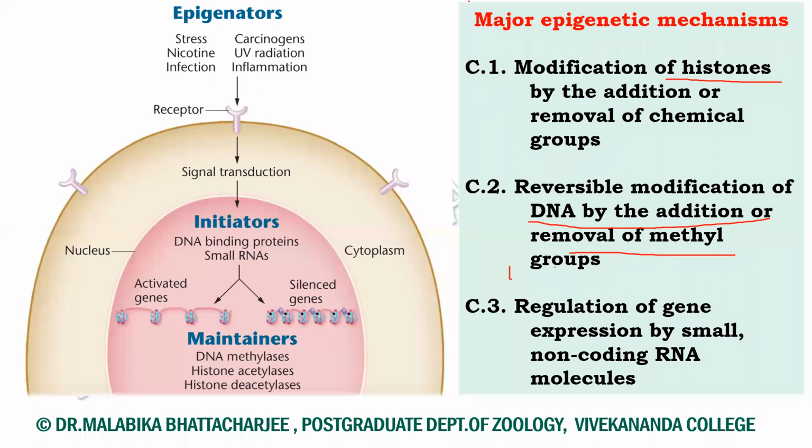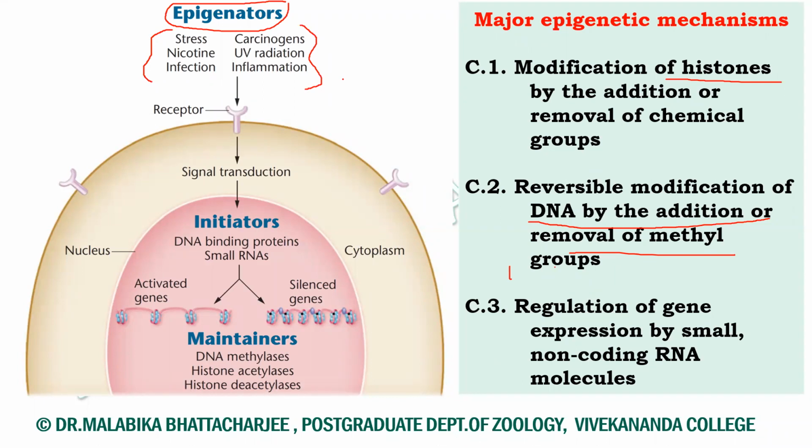We had touched on some parts of DNA methylation in our previous classes. So when we come to this concept of epigenetics, there are epigenators. There are molecules which bring about this kind of modification. These can be stress, carcinogens, UV radiation, inflammation.